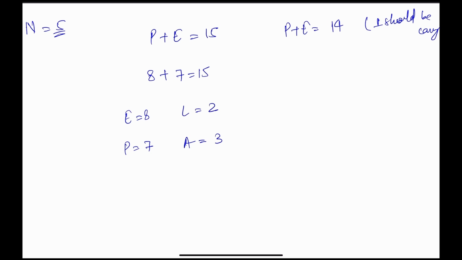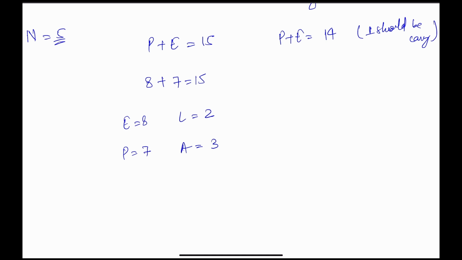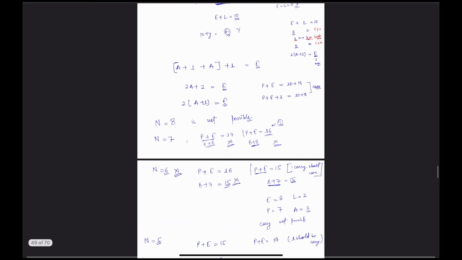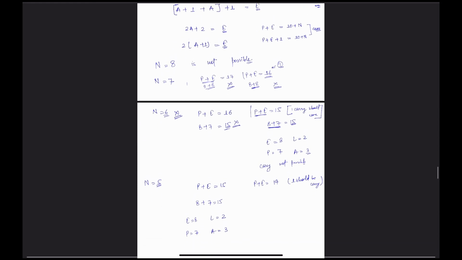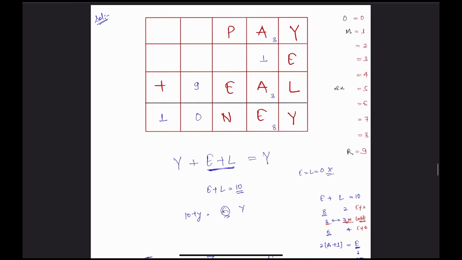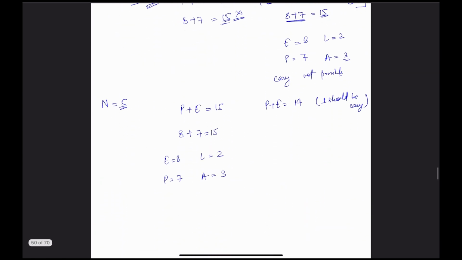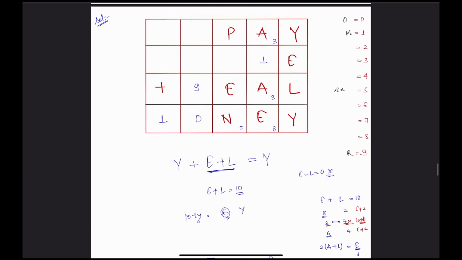Okay, this is a possibility that this could happen, as till now no issue is there. So n is becoming 5, p will be 7, e will be 8, so this is a possibility till now.